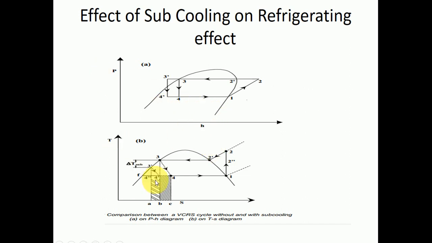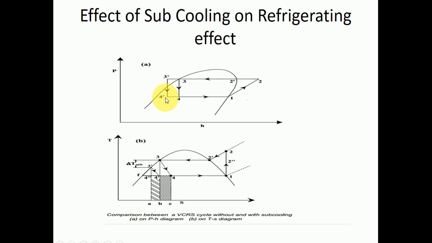Now the effect of subcooling on the refrigerating effect, as in these P-h diagram and T-s diagram, shows how we can increase the refrigerating effect. In the P-h diagram, from 2 to 3 and 3 to 3 dash, we are in the subcooled region, and from 3 dash to 4 dash we have an isentropic process, we can say.